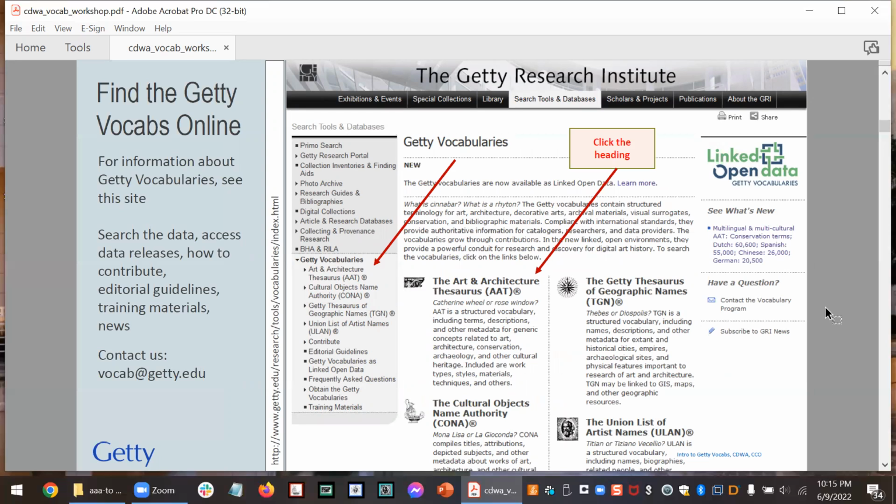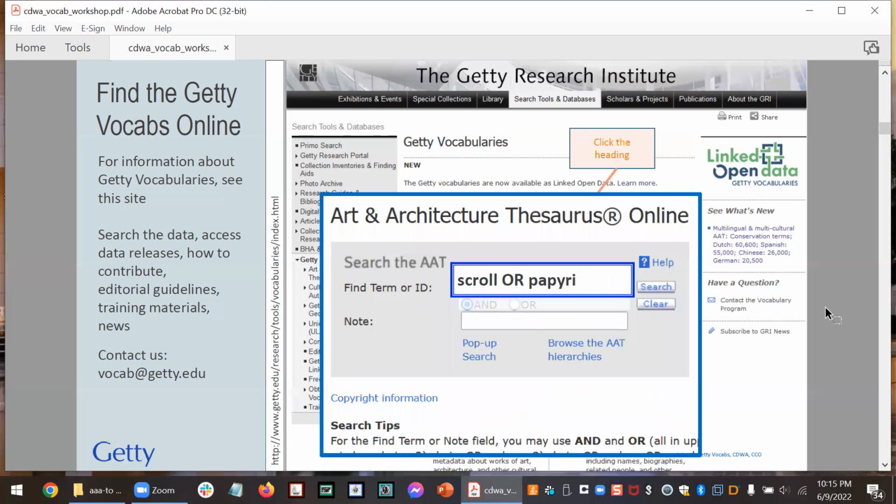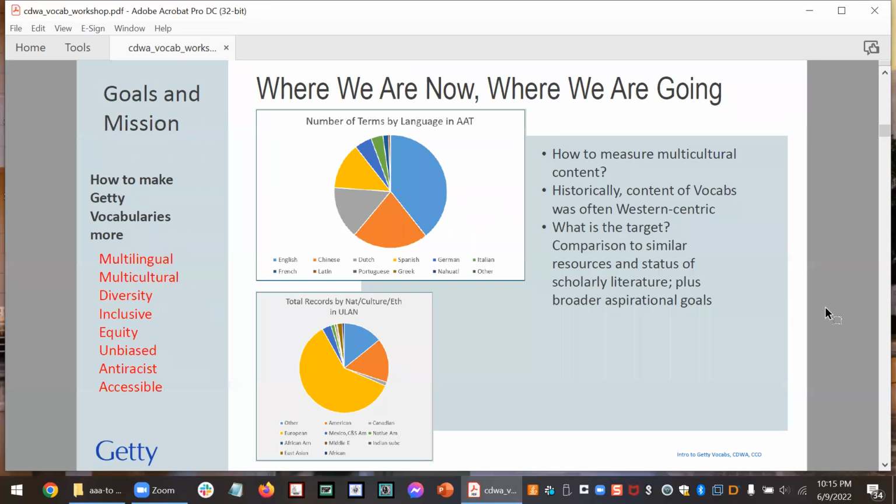Then the other arrow is pointing to one of the headings on this page. So if you click one of those, that will take you to a page about that vocabulary and allow you to search. So here's the Art and Architecture Thesaurus, and on this page is a search box where you can search one or more terms and use Boolean operators here. Scroll or papyri is what we're looking for.